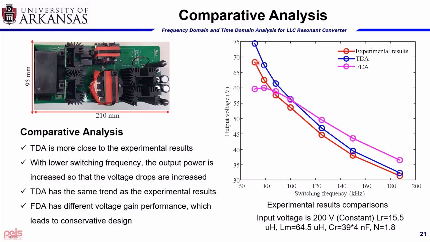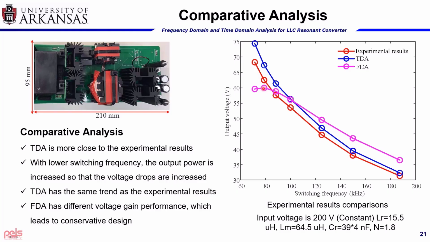So imagine that we are using the frequency domain analysis to design the LLC resonant converter, and our desired output voltage is 65 volts. With frequency domain analysis, we will find that we cannot meet the requirement because the maximum output voltage is only 60 volts.